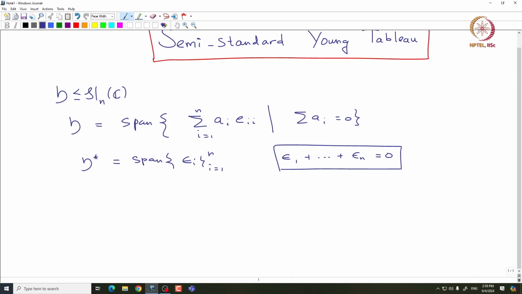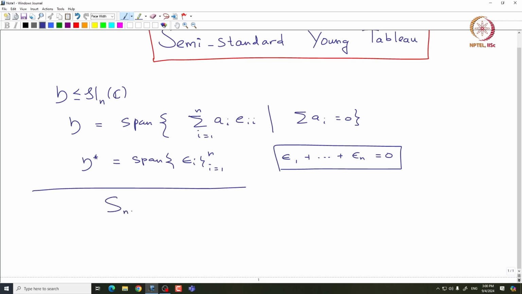So, let us see first of all what a semi-standard Young tableau is, and then how to write the character of a finite dimensional irreducible representation in terms of the weights of the semi-standard Young tableaus.